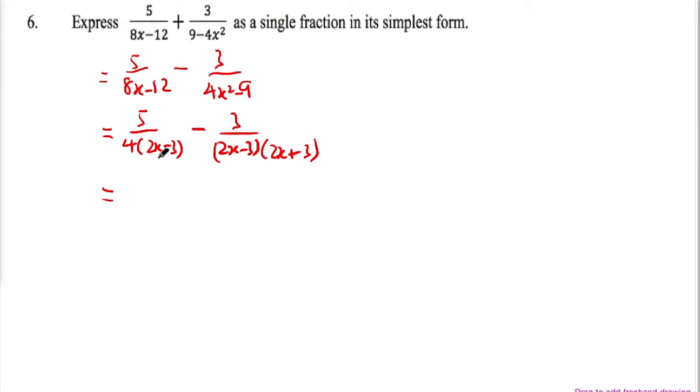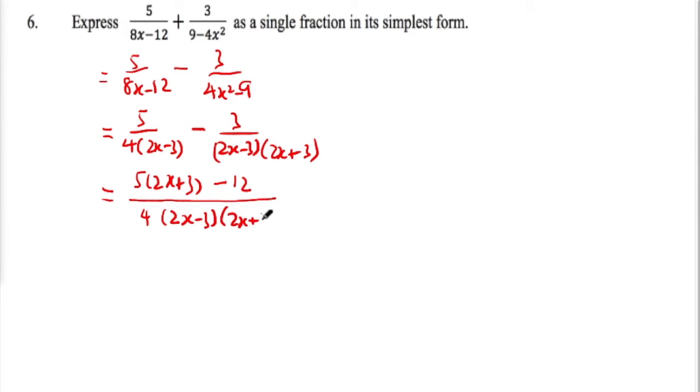Now we take a look at the denominators, and we see that we do not have a 2x plus 3 here, so we multiply by 2x plus 3 to give us 5 times 2x plus 3. And on this side, we do not have 4, so we multiply by 4 to give us 12. So now the denominator is the same. This is now 4 times 2x minus 3 and 2x plus 3.